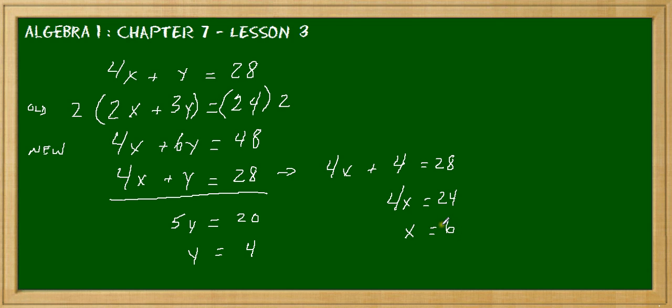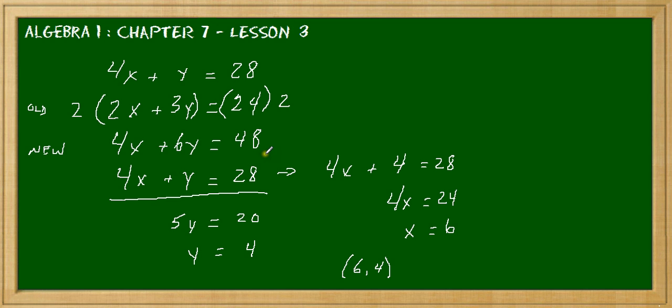So we now know that our solution, if we write it as a coordinate, is (6, 4), right? Because x is 6 and y is 4. So that is our point, or that is our solution. Okay, and we can certainly confirm that by plugging these numbers into our first equation and see if that's true. Okay, it's always good to double check.